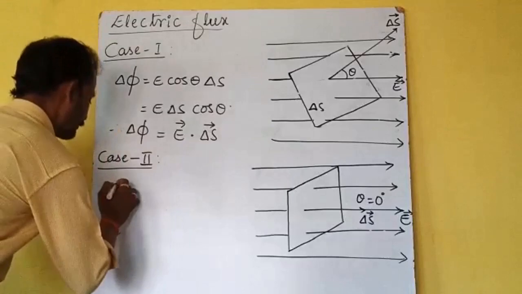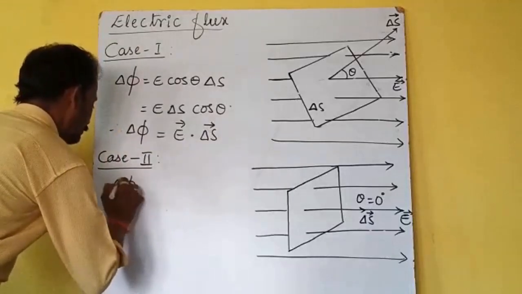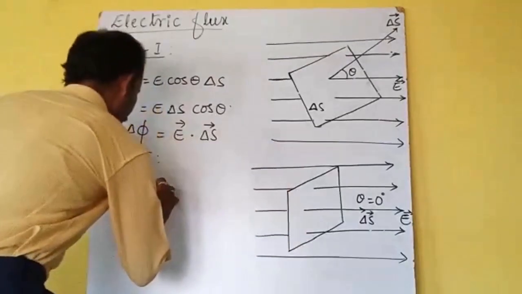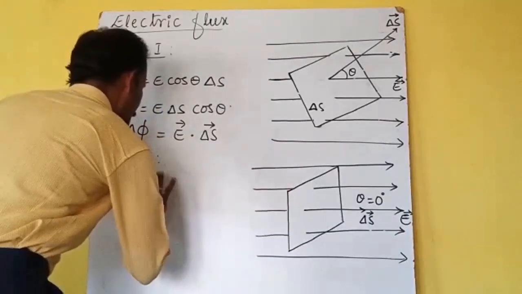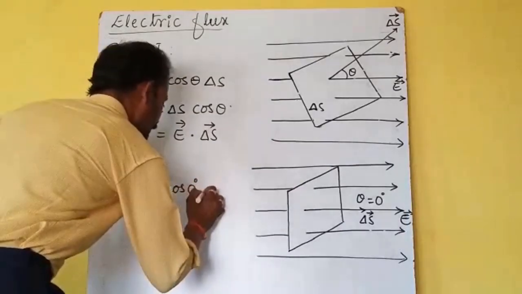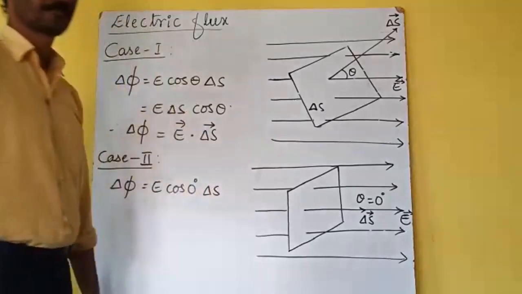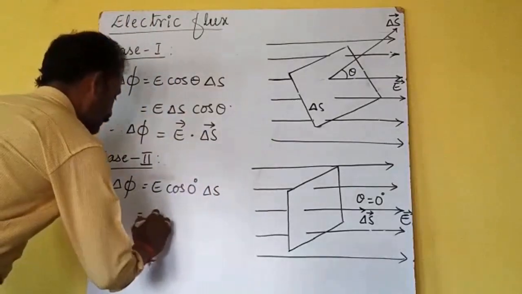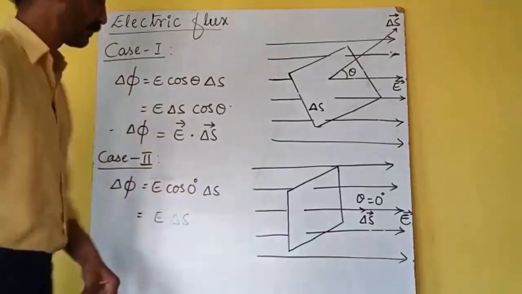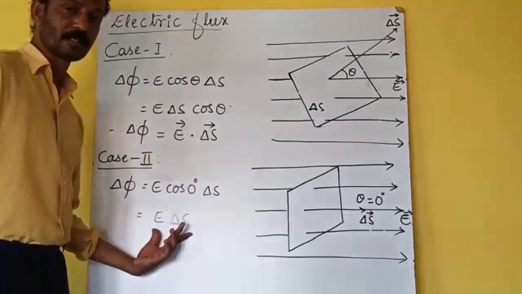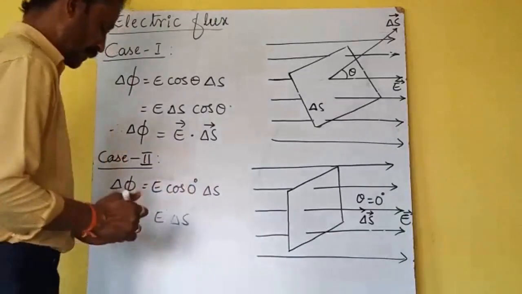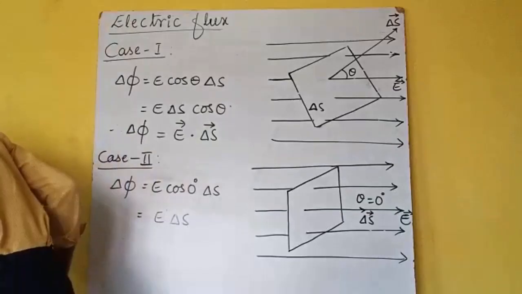In this case, delta phi is equal to E cos 0 degree into delta S. Cos 0 degree is 1. So in this case, the electric flux is maximum, that is E into delta S, because cos 0 degree is 1. Let us see this by example.